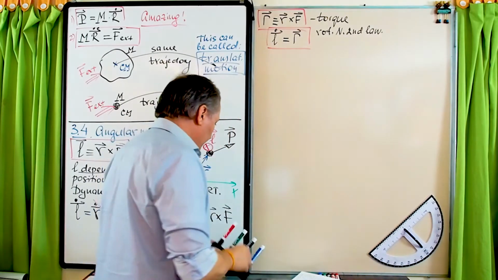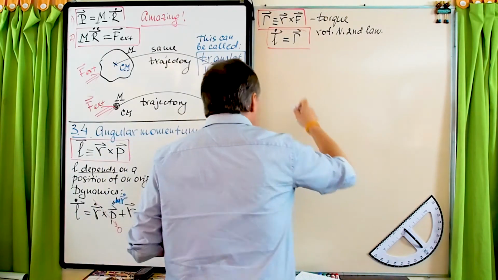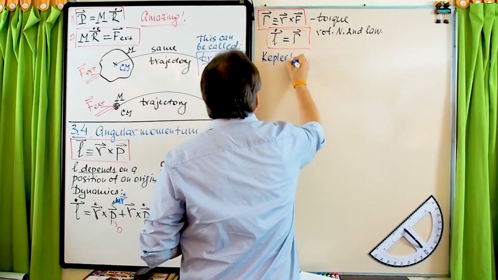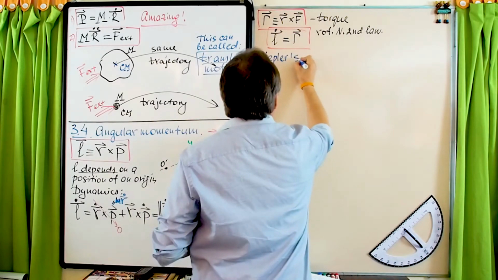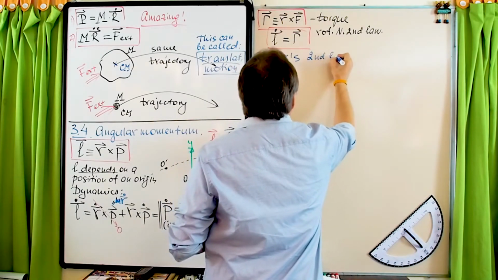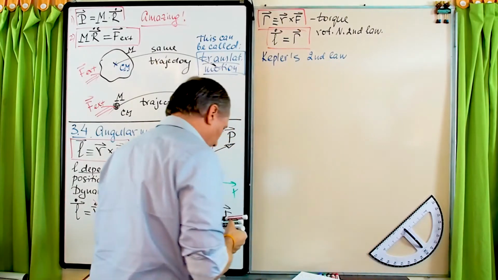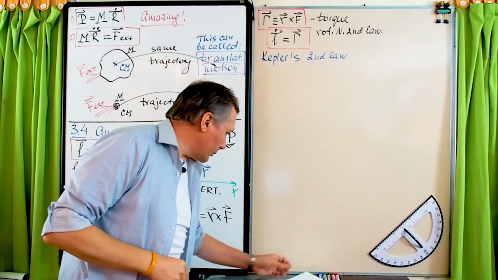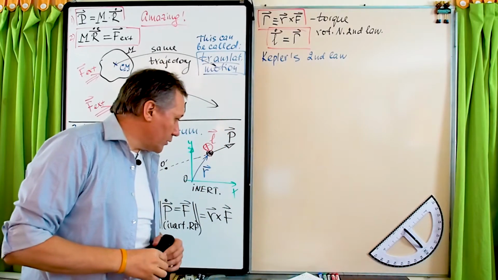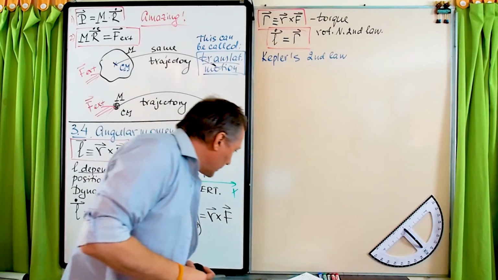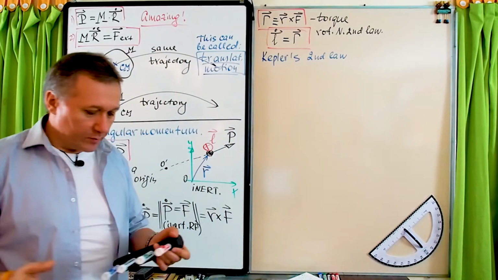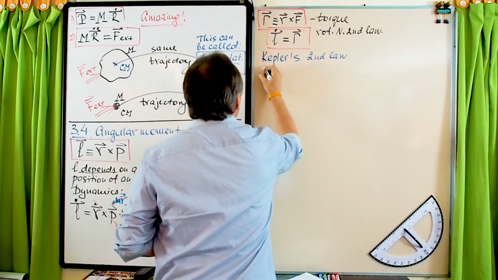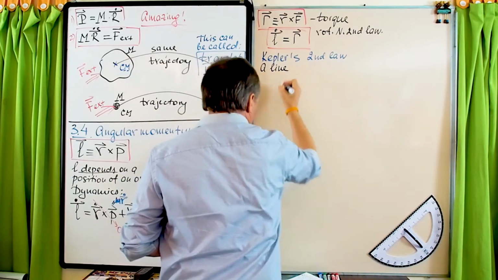But now, Kepler's second law. It will probably take us 10-15 minutes to prove it. Kepler's second law. Okay, let me just use my notes. A line drawn from a planet to the sun sweeps out equal areas.